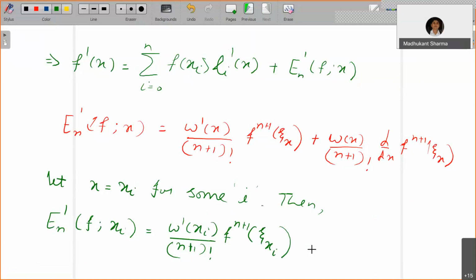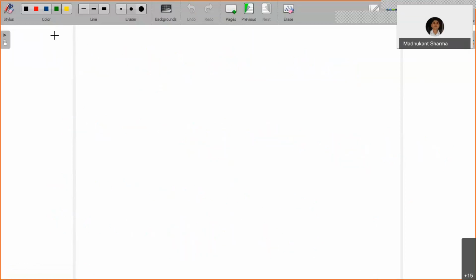If you recall, what was w of x? It is the product over i equals 0 to n of x minus xi.